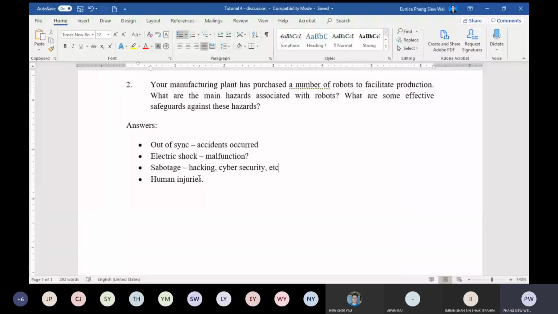So sabotage, or hacking, or cybersecurity, is now a big thing, because no matter how good one party is, the other party can just hack it and take over. That is in terms of weapon security.